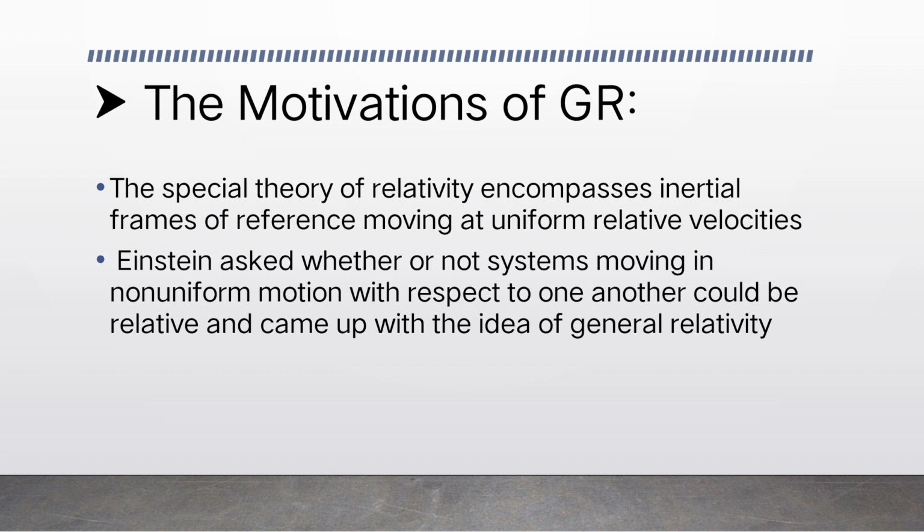The special theory of relativity encompasses inertial frames of reference moving at uniform relative velocities. Einstein asked whether systems moving in non-uniform motion with respect to one another could also be relative, and came up with the idea of general relativity.